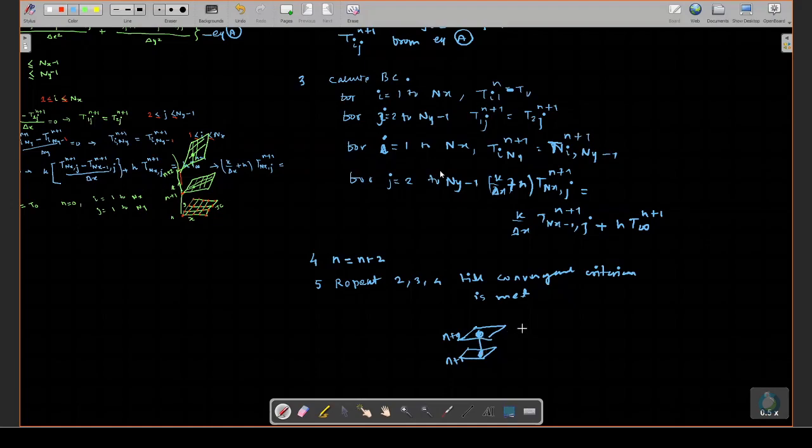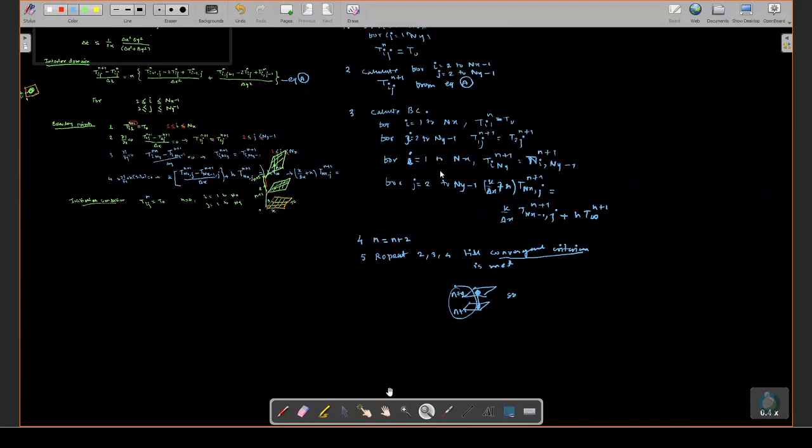It means you have reached a steady state. So such a condition you can put as the convergence criteria, or you can make n some large n, and keep on repeating this calculation. Do you understand this?